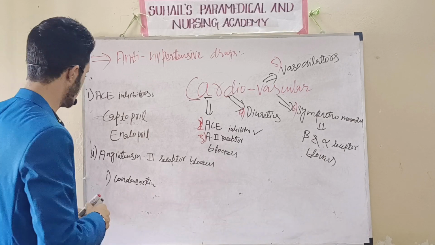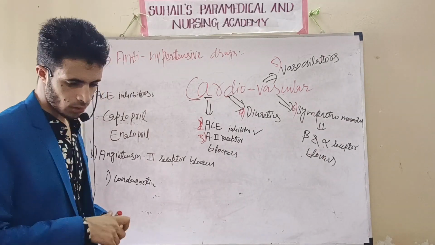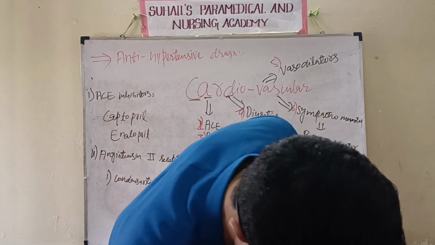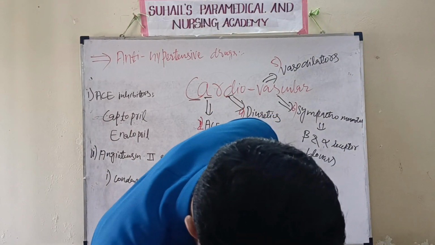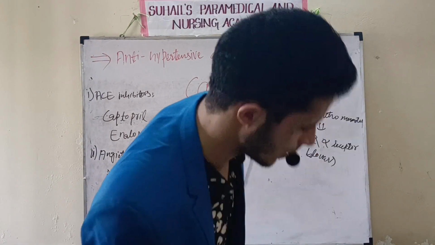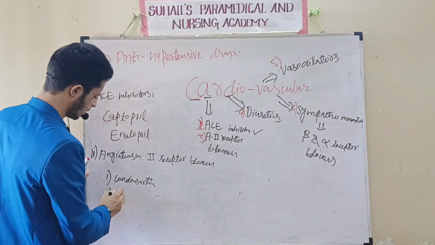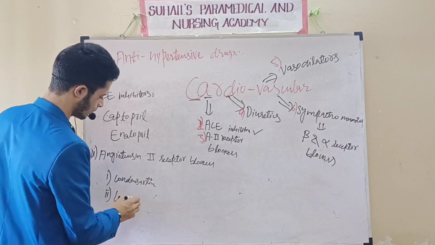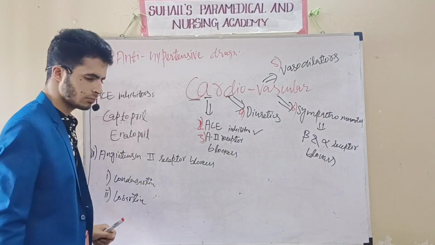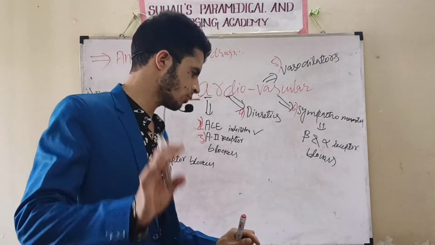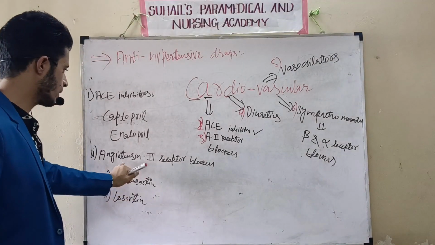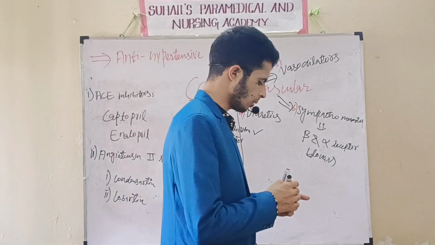I have some confusion here, so first I will check whether it is the same or anything else. Yeah, it is candesartan. Another is losartan. Okay, at least two drugs to remember. Candesartan and losartan come in the angiotensin second receptor blockers.